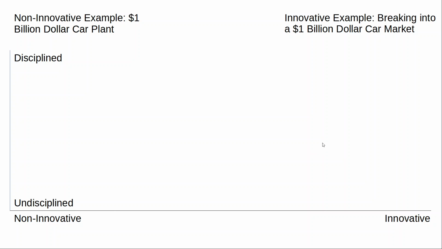But let's talk a little bit about processes. What kinds of processes fit on this kind of chart? Well, obviously, your traditional Gantt chart, work breakdown structures, waterfall software development. They're very disciplined, and they hit over here in the non-innovative space. Now, you could say, well, waterfall software development has developed some very innovative software.